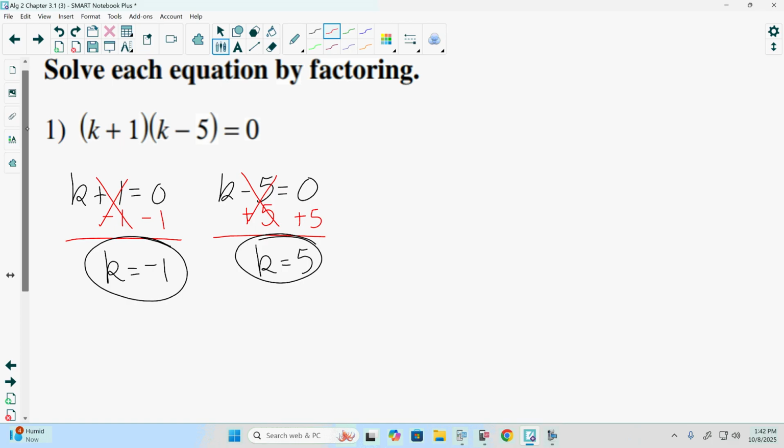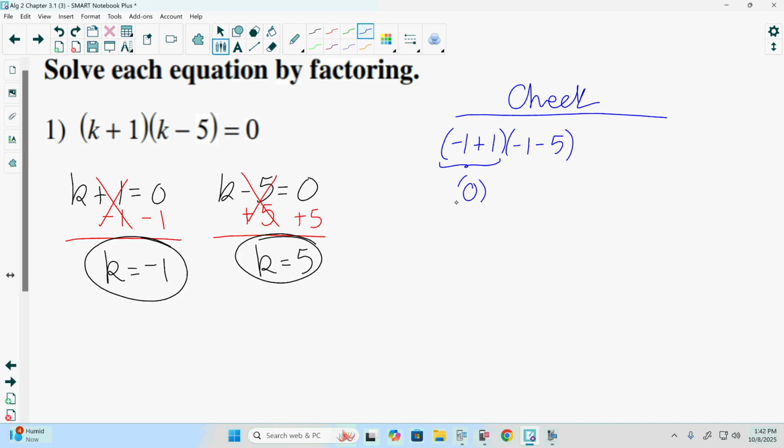Questions on this here? You don't have to write this. I'm going to write this here, so I'm going to check it. All I'm going to do is replace k with negative 1. If this is the correct solution, it's going to make this entire expression be 0. So negative 1 plus 1 is 0.